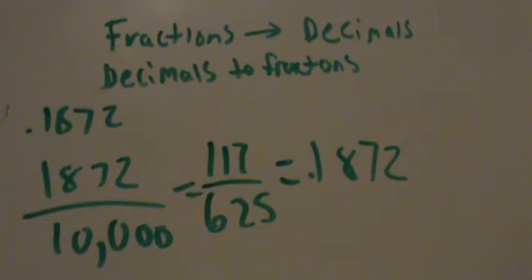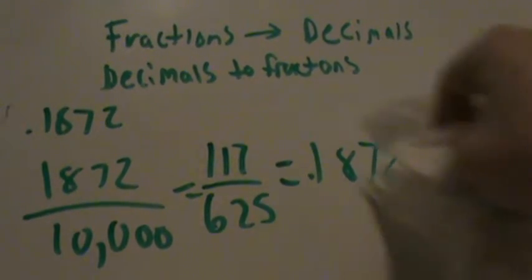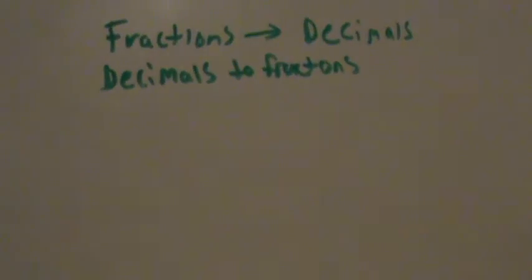So yeah, that's basically the way that you can go from decimals to fractions. And just to go over one more time for you, if you want to go from fractions to decimals, you have to get it into its simplest form first.